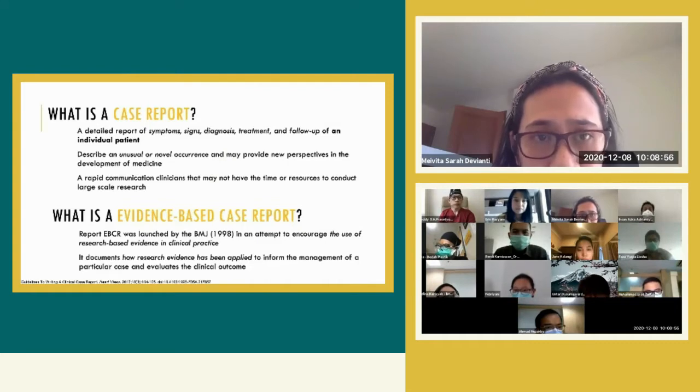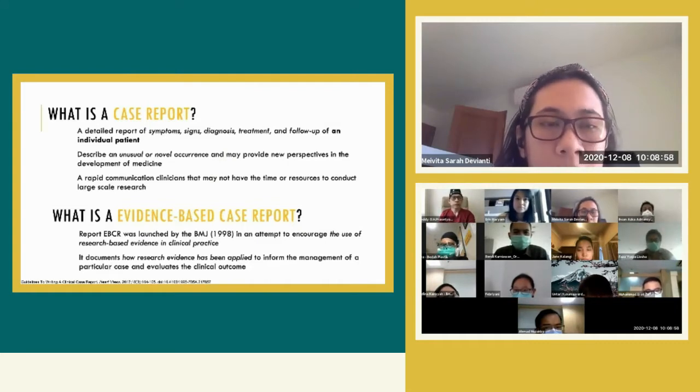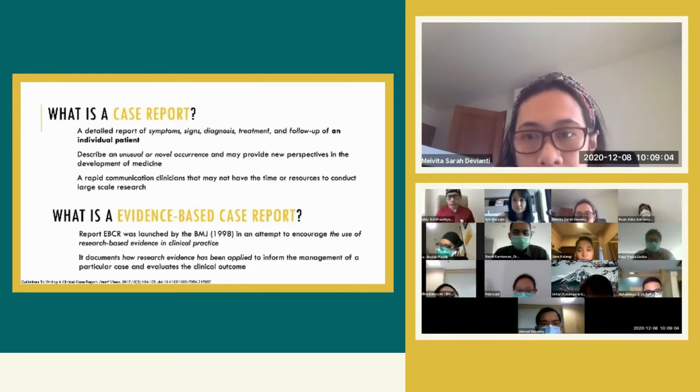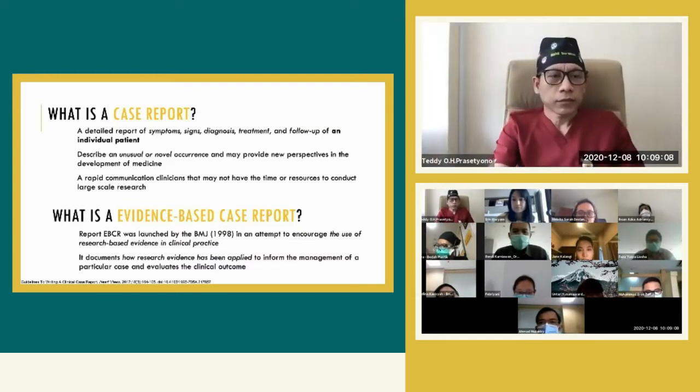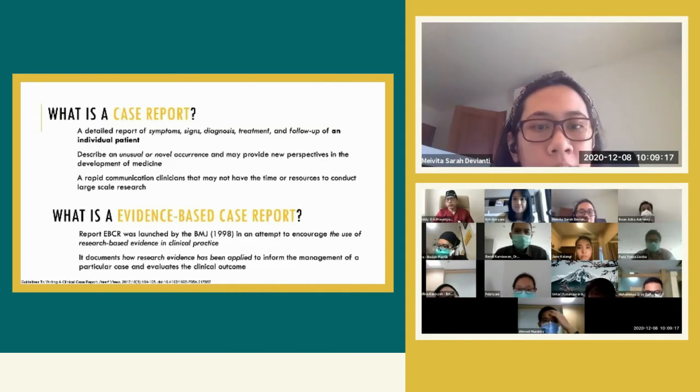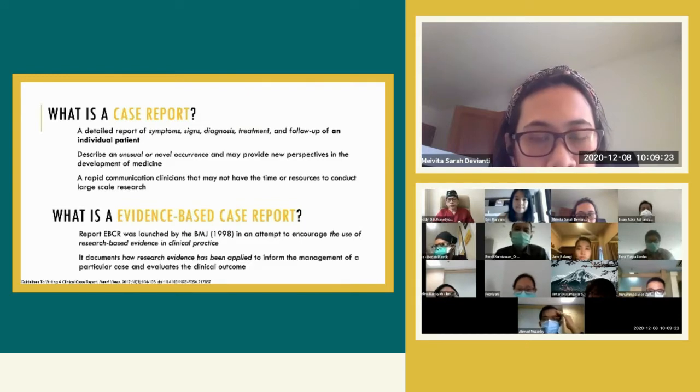Firstly, the definition of a case report itself is a detailed report regarding the symptoms or signs or diagnosis or treatment or even follow-up of an individual patient. Usually we write a case report if we encounter an unusual case in the clinic. And clinicians usually like to write case reports because it is a rapid communication in between their tight schedule.